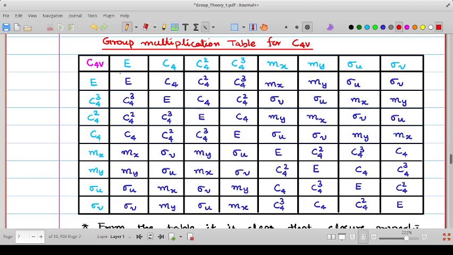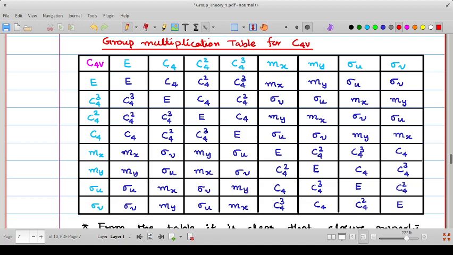Now if you look carefully, the row headers are not given in the same order as the column headers. We could have written in the same order as the column headers, but this is done so that the diagonal entries in the table are all the identity.